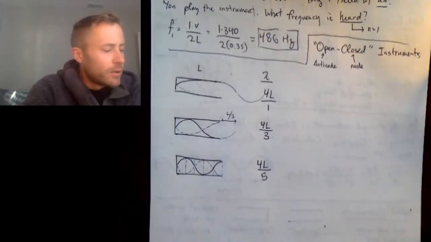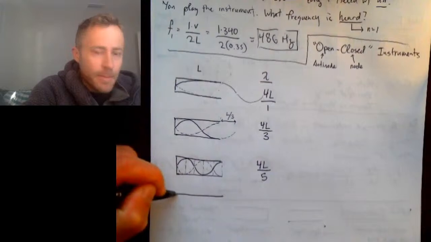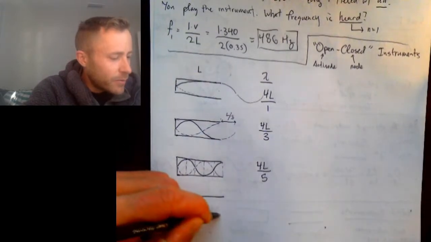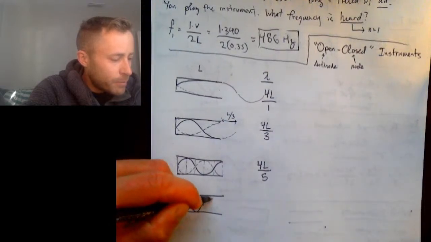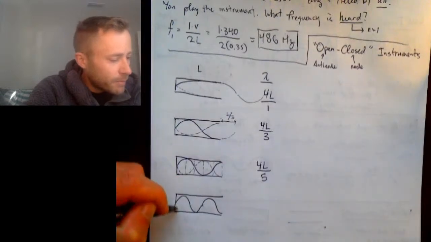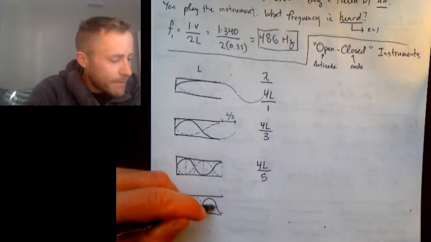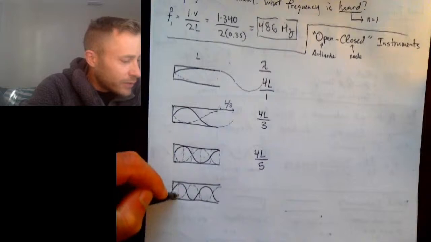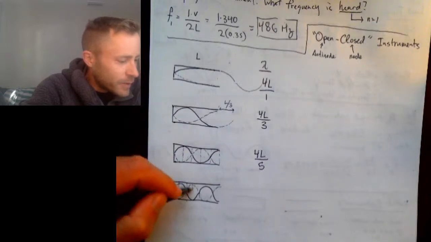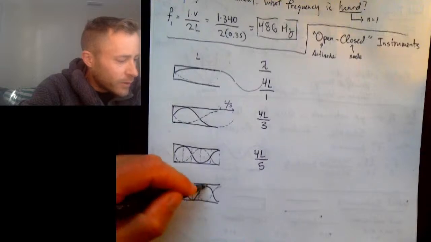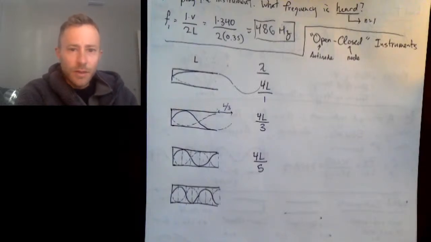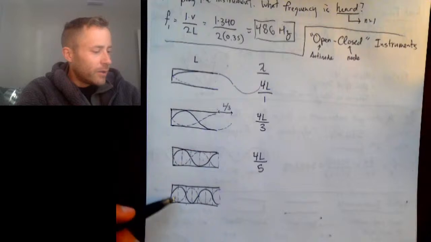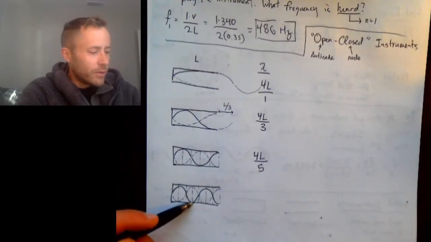To go to the next harmonic, I would add a football to the left side. I can see again that the instrument is naturally divided up into 1, 2, 3, 4, 5, 6, 7 parts of equal size, and a full wave is 1, 2, 3, 4 of those.